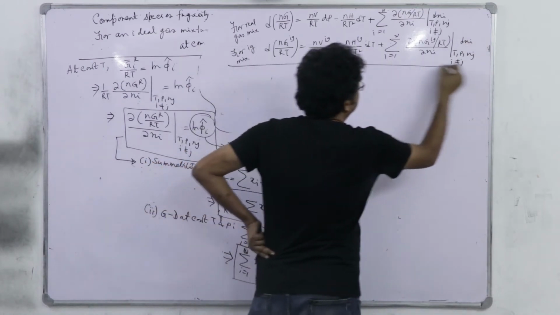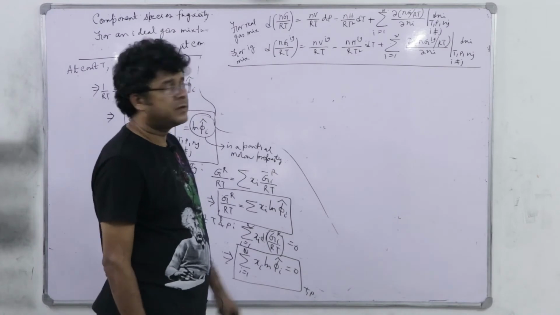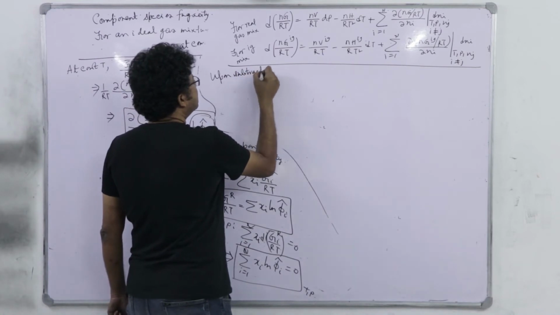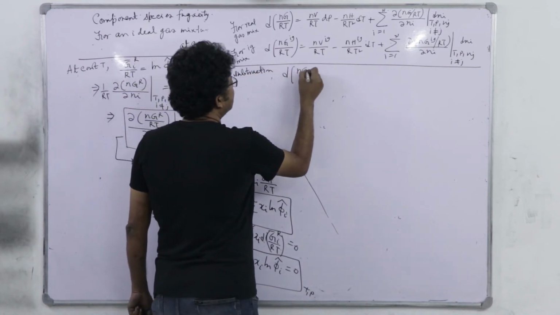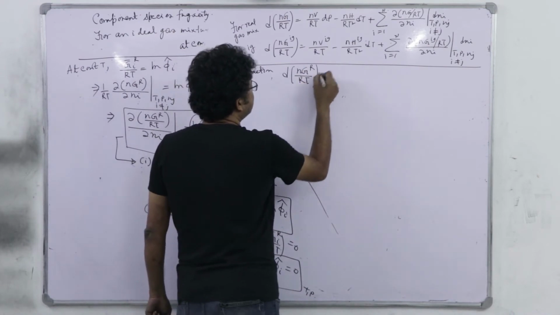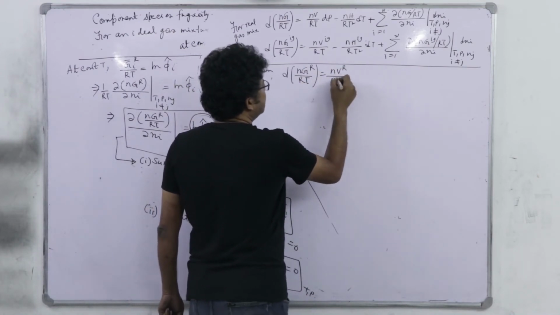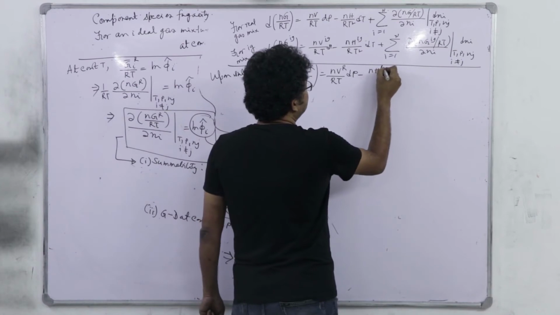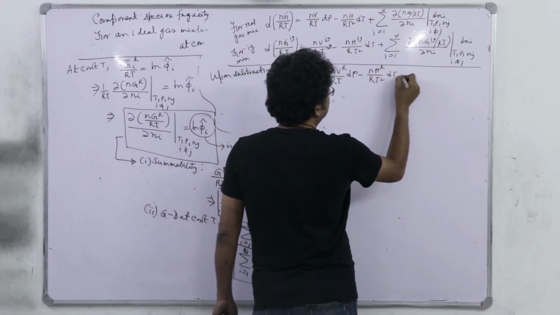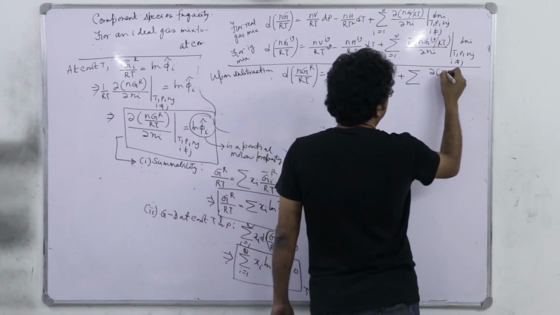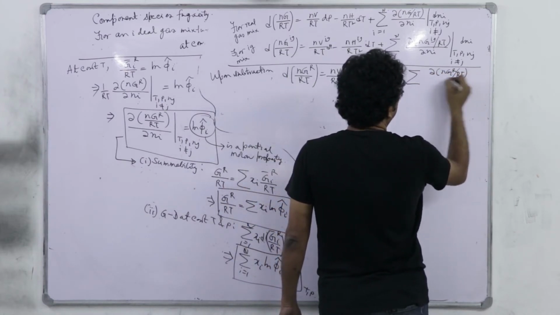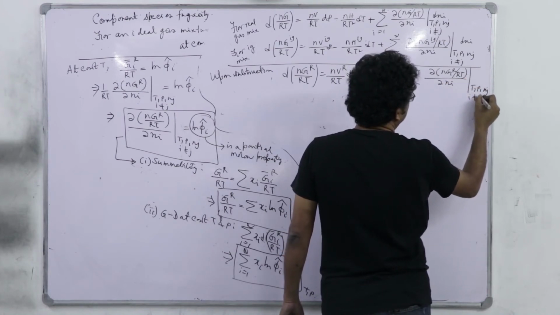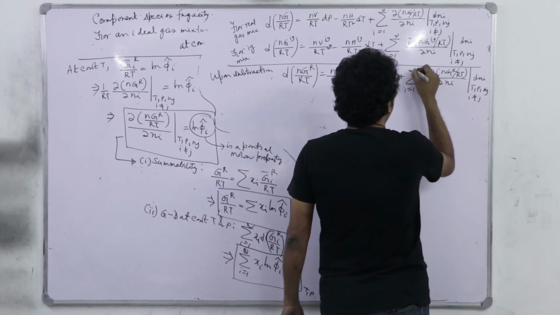So, if you subtract these two, what do you get? Upon subtraction, we get d of nG R by RT equals nV R by RT dP minus nH R by RT squared dT plus summation of del of nG R by RT, del ni at T, P, nj (j not equal to i), dni, i equal to 1 to n.